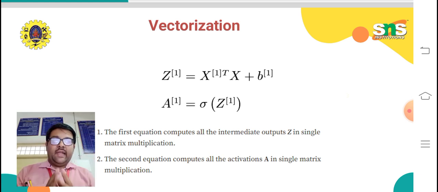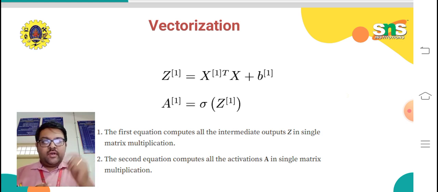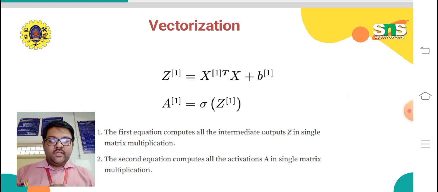a particular layer. So in the first equation, Z to the power 1, where the 1 in the bracket indicates the layer, is equal to W to the power 1 times X plus b of 1. Here we don't have a single w, it has been replaced by W to the power 1. It means the weights of all the neurons present in layer 1.